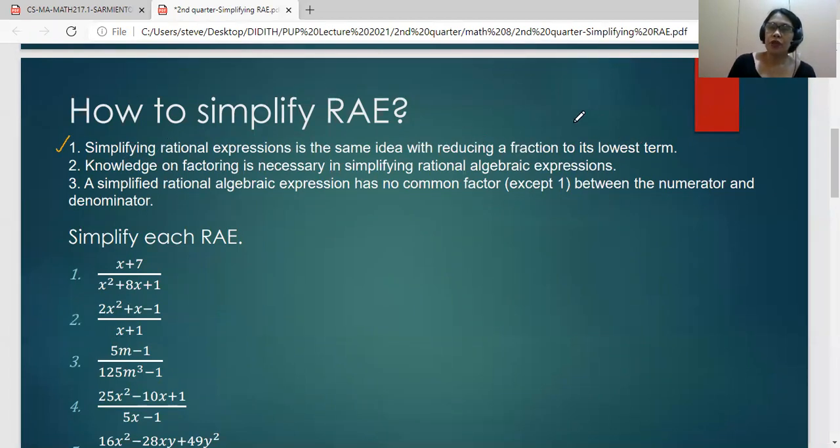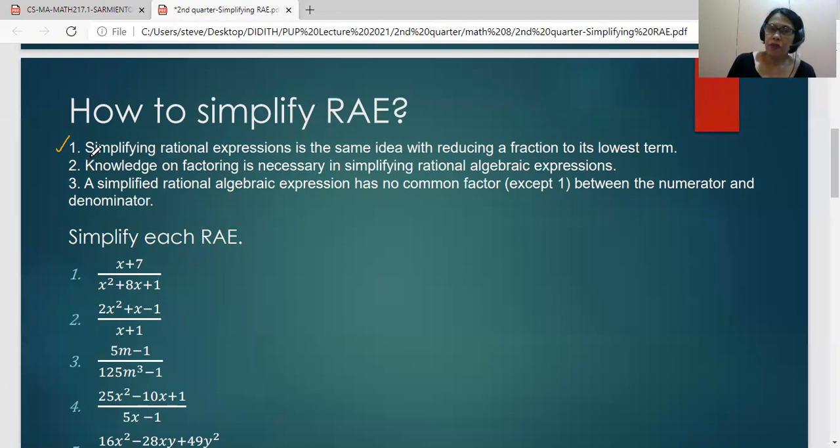In reducing a fraction to its lowest term, we work on the greatest common factor between the numerator and the denominator, and then we move out that greatest common factor. That's how we simplify or reduce a fraction to its lowest term.